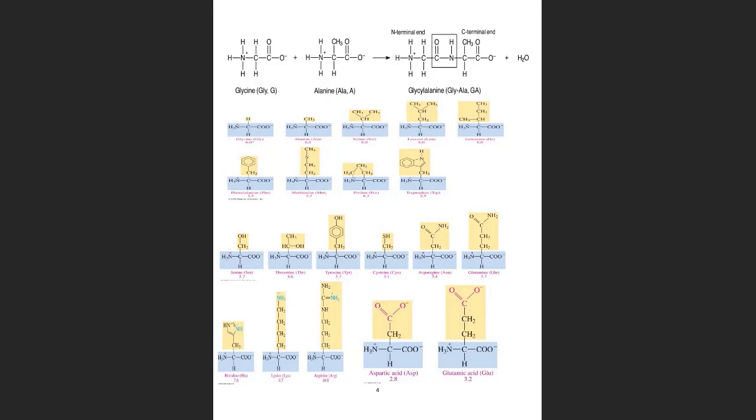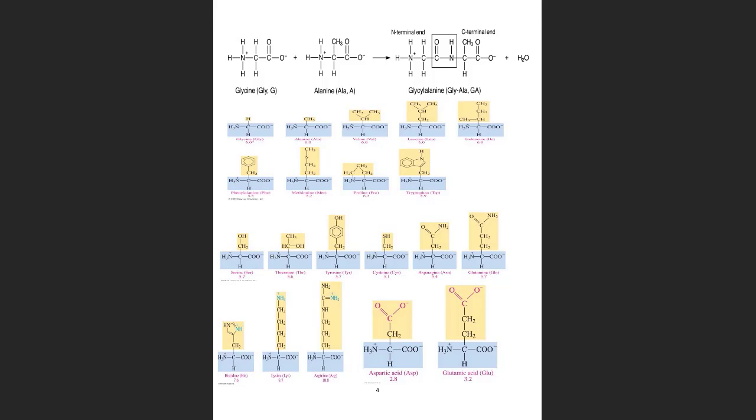A polypeptide is a chain of 10 or more amino acids. And proteins are also formed from the same building block, the amino acids.